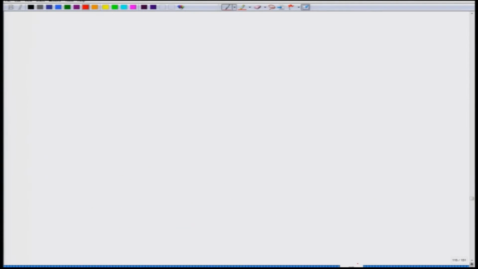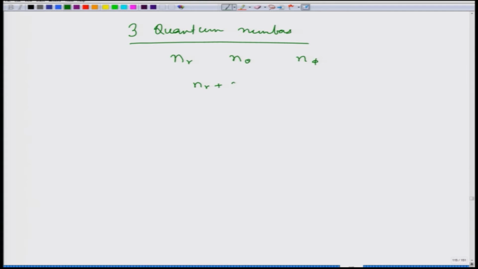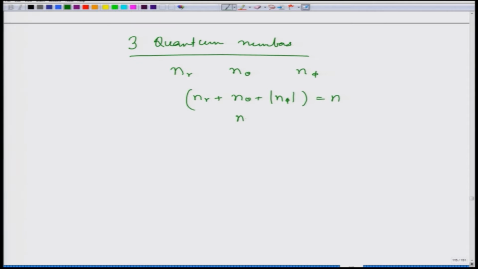Let me explain further. We have now 3 quantum numbers, n_r, n_θ and n_φ. Let me call n_r + n_θ + |n_φ| equal to n, and n_θ + |n_φ| equals k.